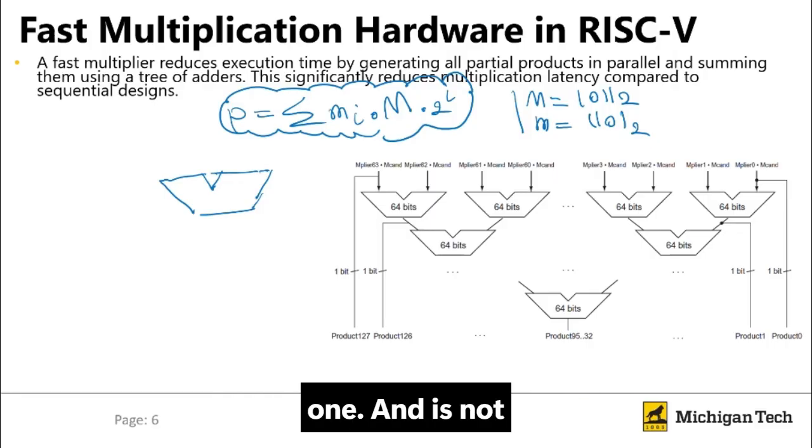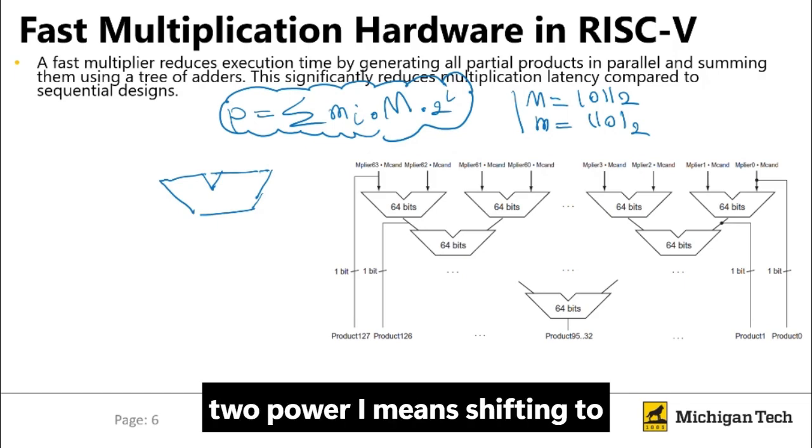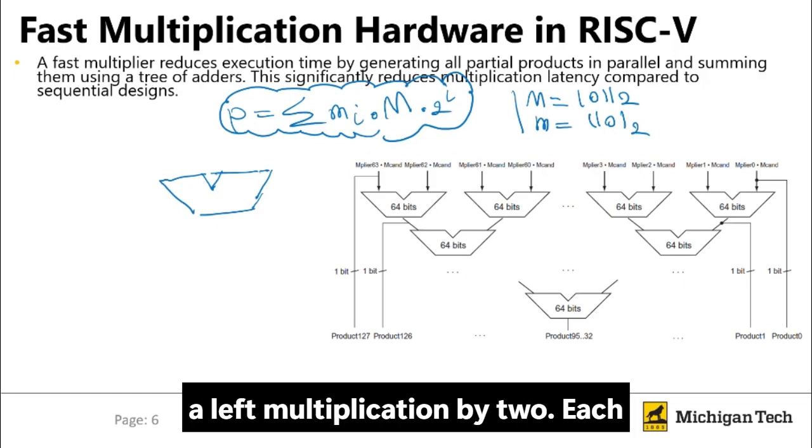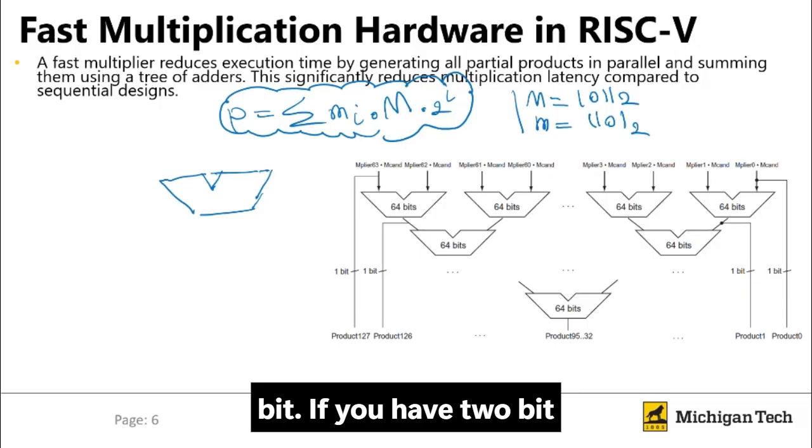M is not changing, M is always that. And 2 to the power i means shifting to the left. Each multiplication by 2 is shifting 1 bit. If i is 2, you are actually multiplying by 4.